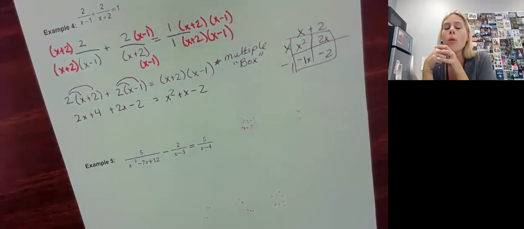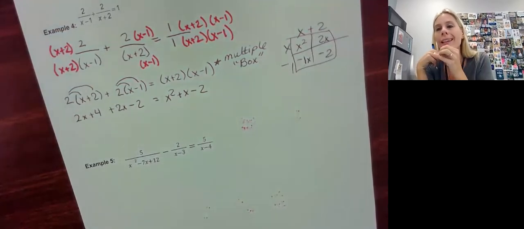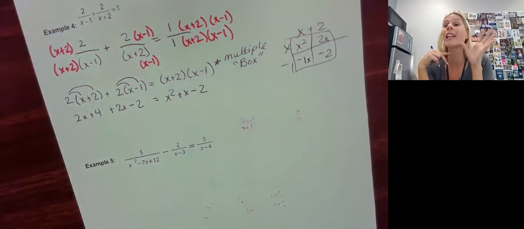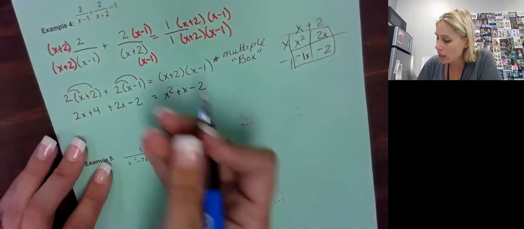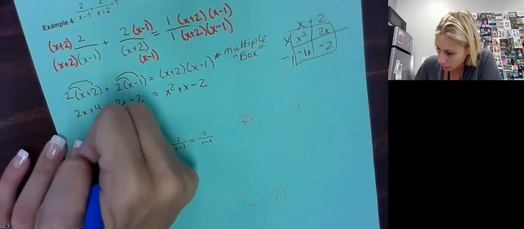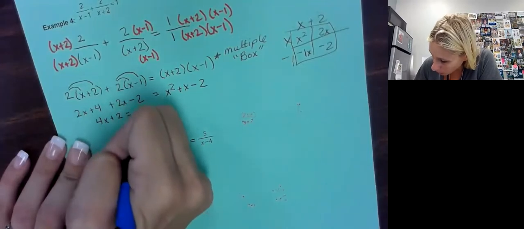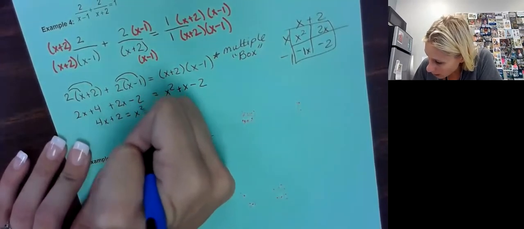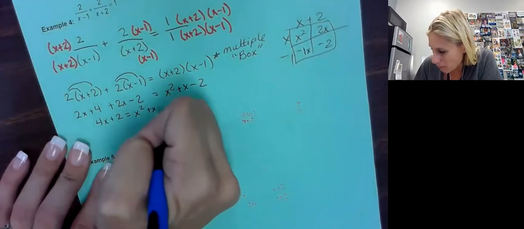Okay. So if you have an x squared, what I want you to do after combining like terms is to move everything on the side with that x squared, specifically positive x squared. So let me combine like terms. I have 4x plus 2 equals x squared plus x minus 2.